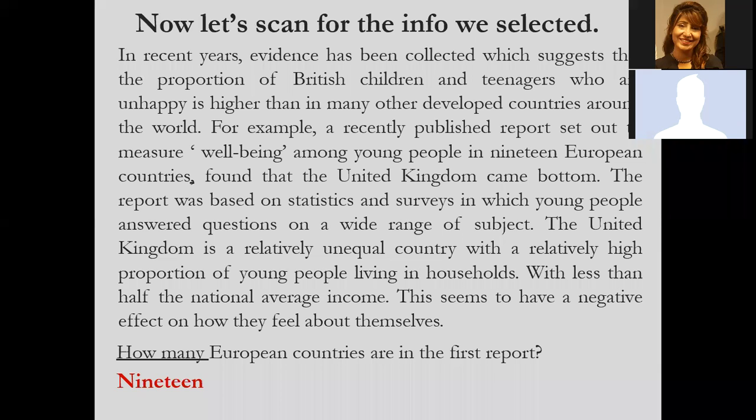The report was based on statistics and surveys in which young people answered questions on a wide range of subjects. The United Kingdom is a relatively unequal country with a relatively high proportion of young people living in households with less than half the national average income. This seems to have a negative effect on how they feel about themselves.